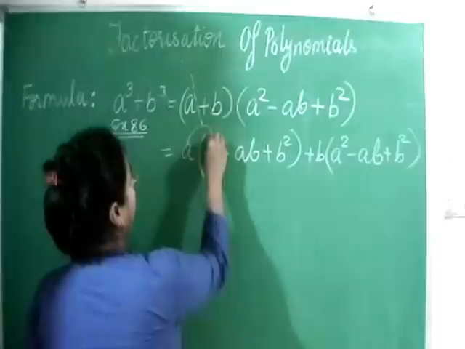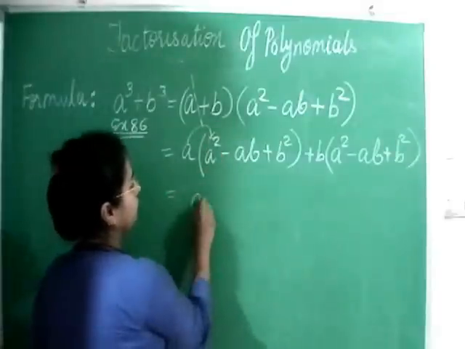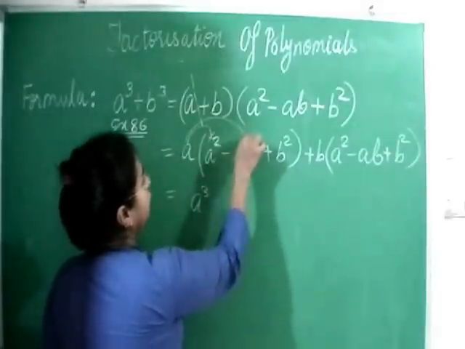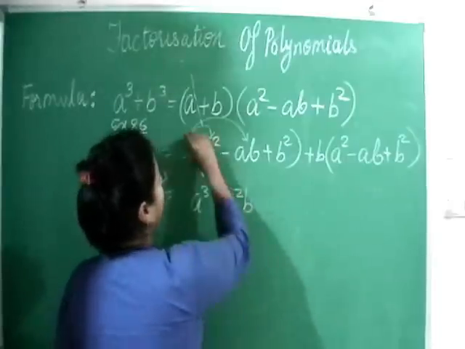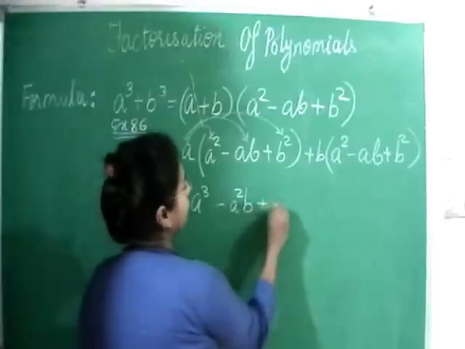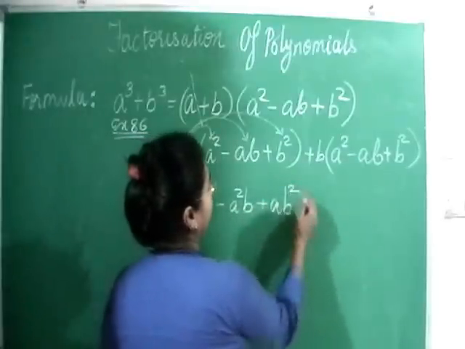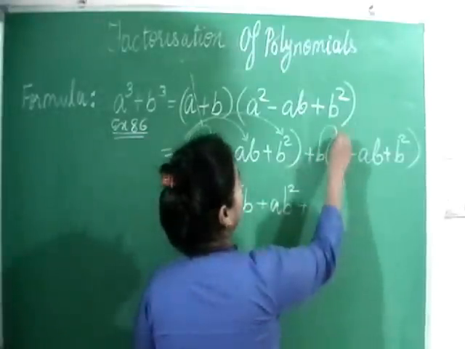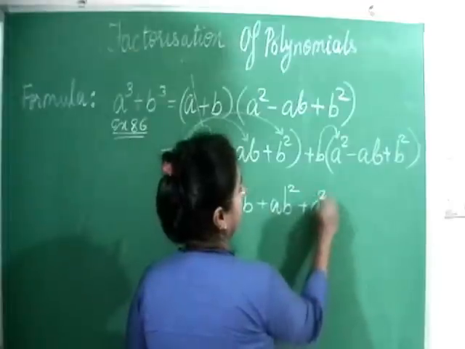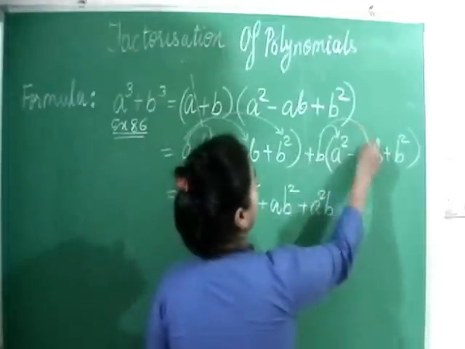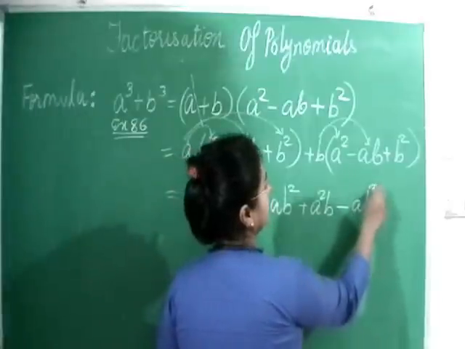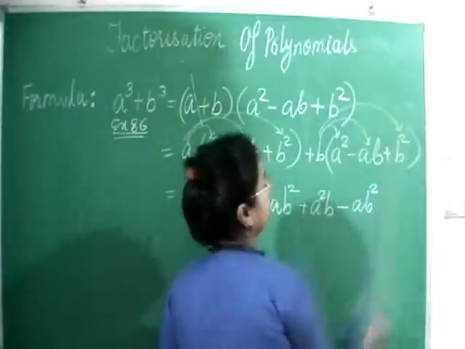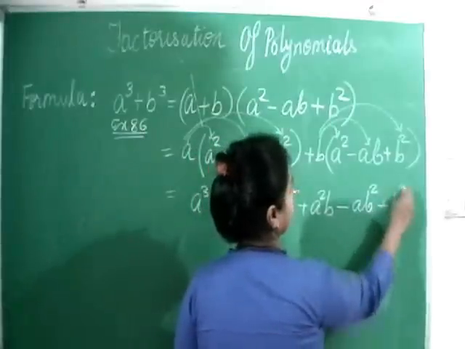Open the bracket. a into a square gives you a cube. a into minus ab gives you minus a square b. a into b square gives you ab square, plus b into a square gives you a square b. b into minus ab gives you minus ab square, and b into b square gives you plus b cube.